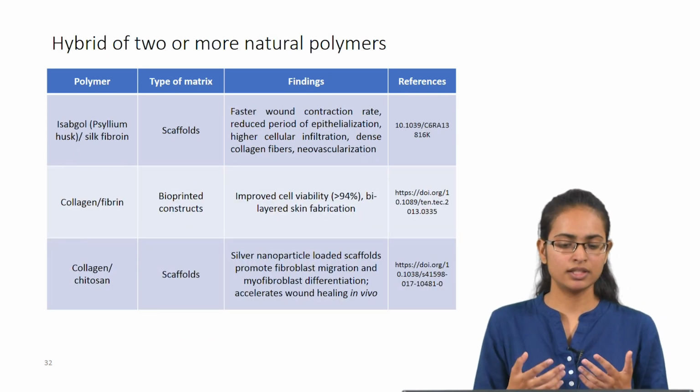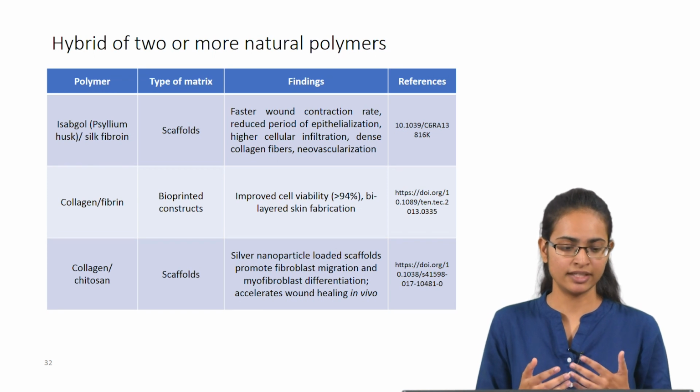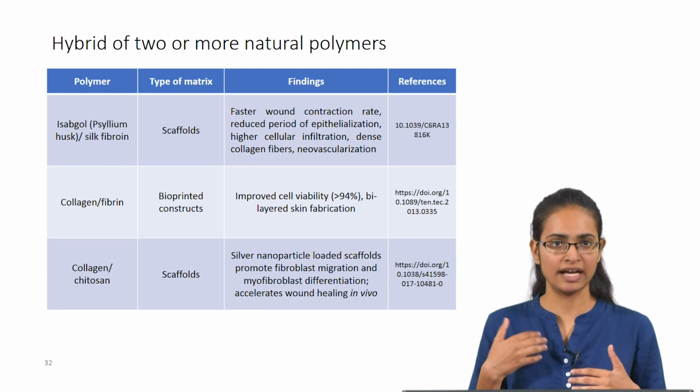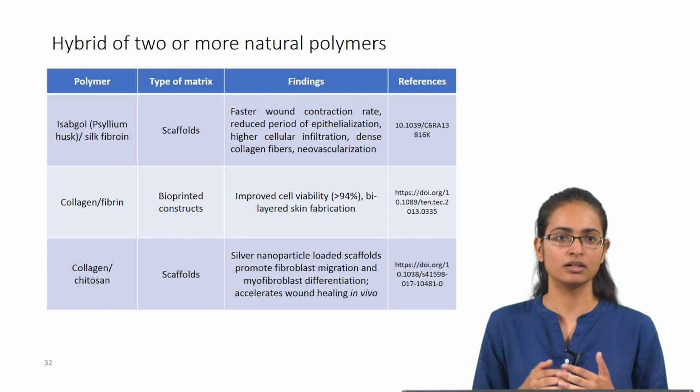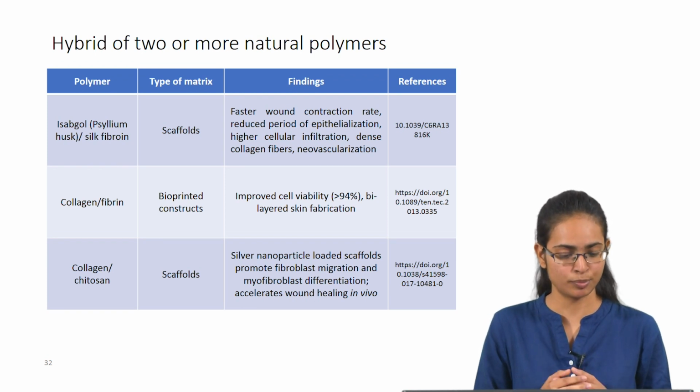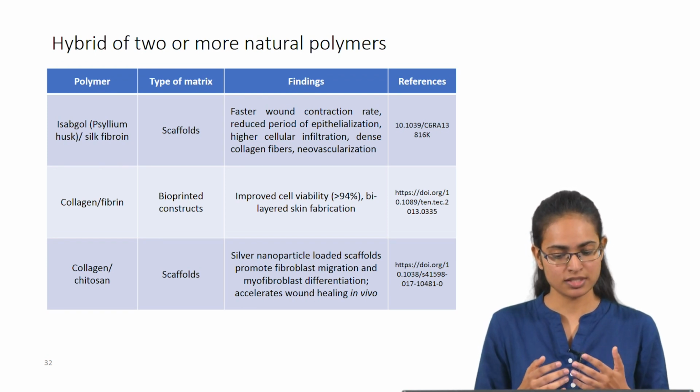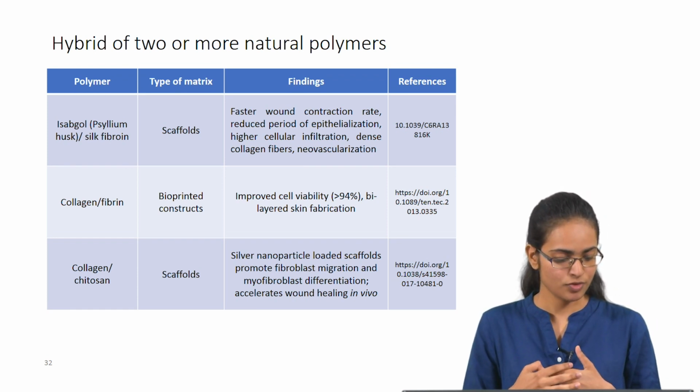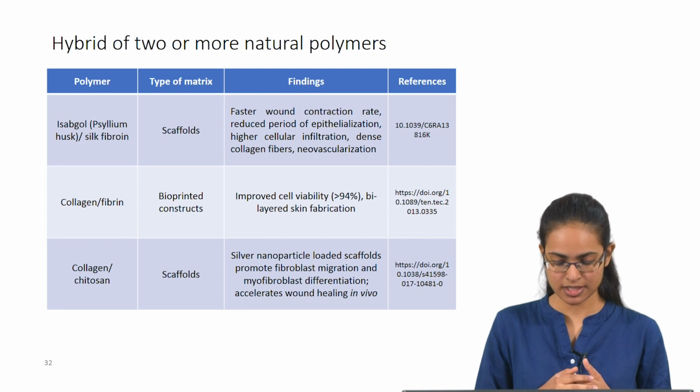Other natural polymers have also been blended together to have superior properties as skin tissue engineered products, such as isabgol silk fibroin, collagen fibrin bioprinted constructs, or collagen chitosan scaffolds.